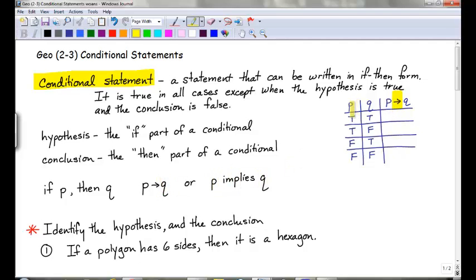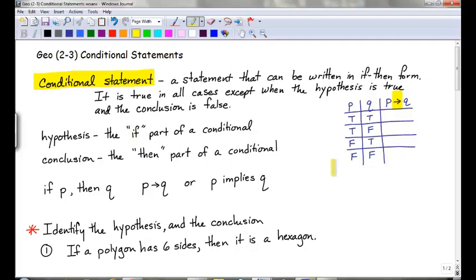But it's always, and when you set this table up, notice it's still the same way. It's still true, true, true, false, false, true, and false, false. You always want to start it out in that order, okay? And then they're telling you it's true in all cases except when the hypothesis, and the hypothesis is the if part.